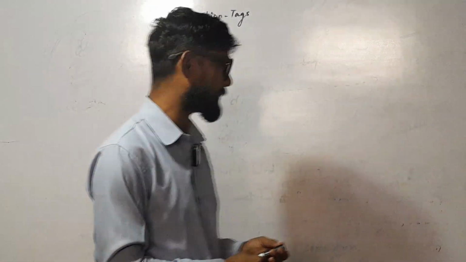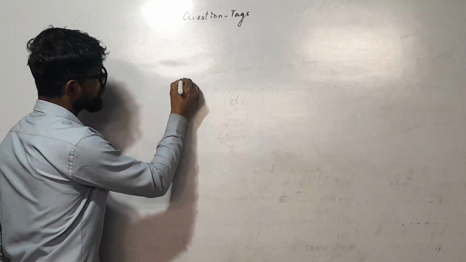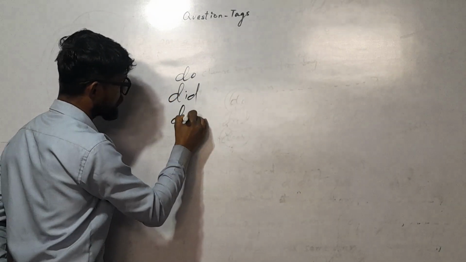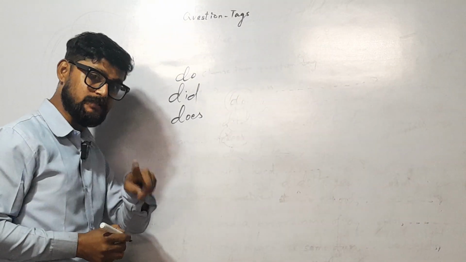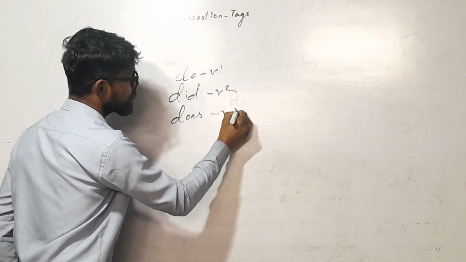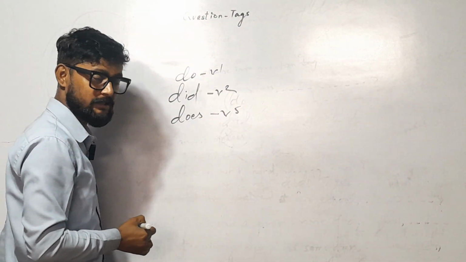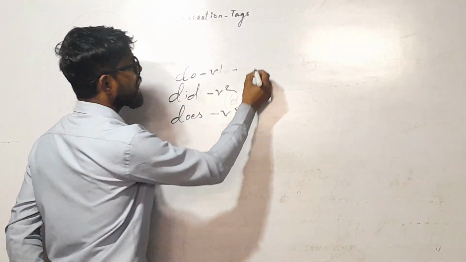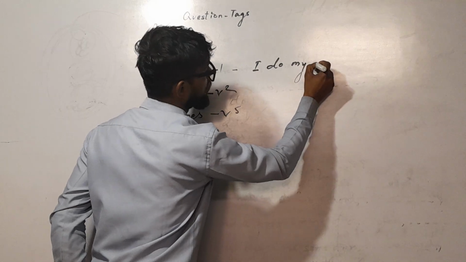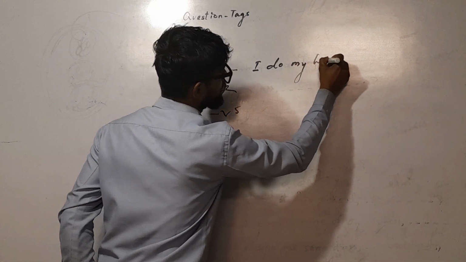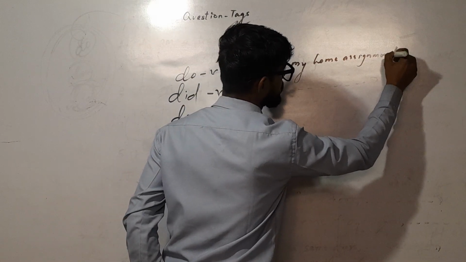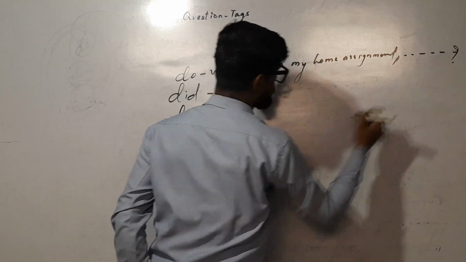Let me show you some examples. If we get do, did, does, it means that this is verb 1, this is verb 2 and this is verb 5. For example, I do my homework assignment.